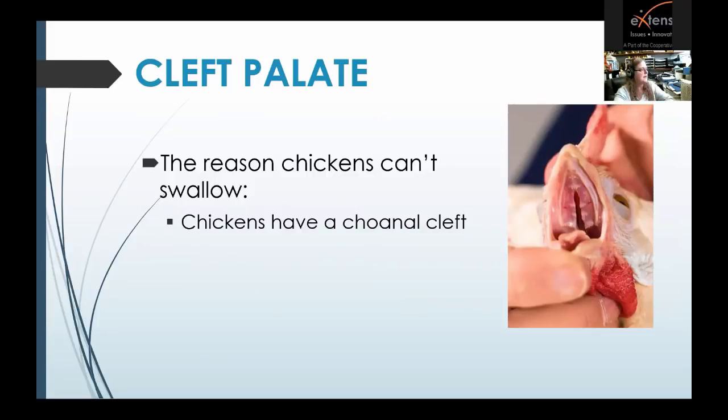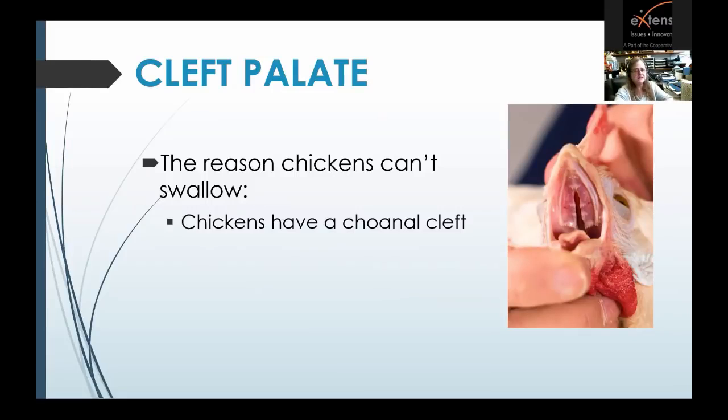So if you watch a chicken drink, you'll see they dip their beak in the water and then lift their head in order to let the water flow down, because they're not able to swallow.